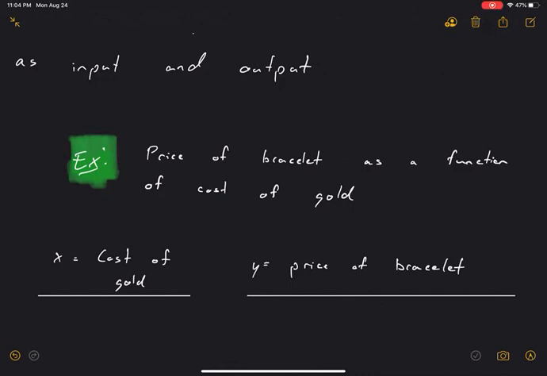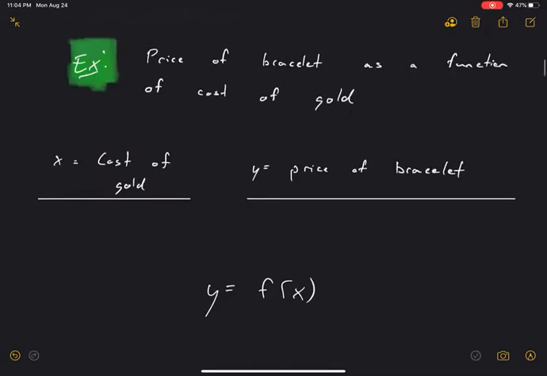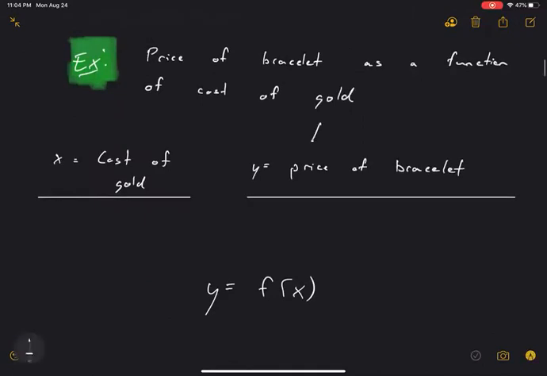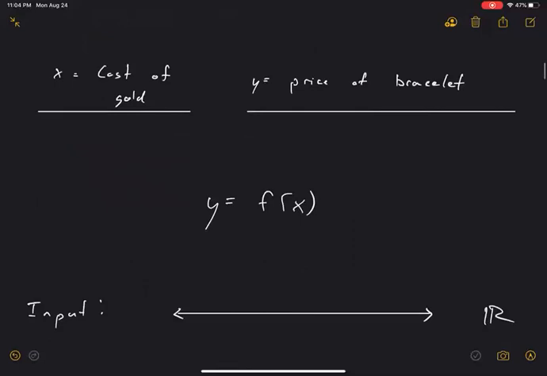So we can think of the price of my bracelet, my output, as a function of the market price of gold. Maybe it's not directly one-to-one, but maybe there's some function f of x that takes the market value of gold, plugs it in, and I get the price of my bracelet out as output.